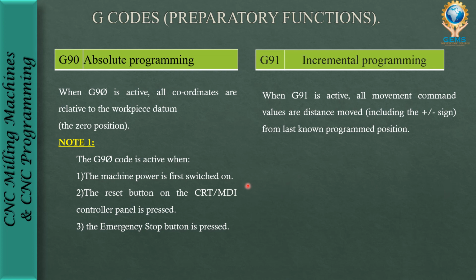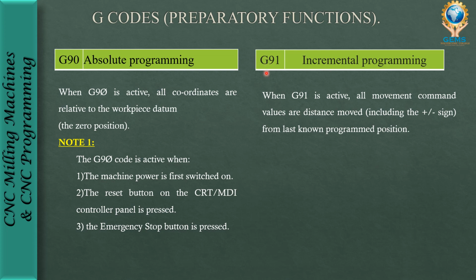For example, if you want to move from one point to another and mention absolute position, X90 means it takes zero as the reference and moves in the X direction 90 mm or 90 inches.